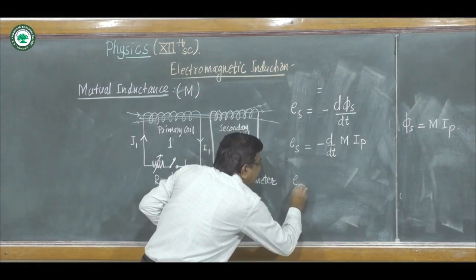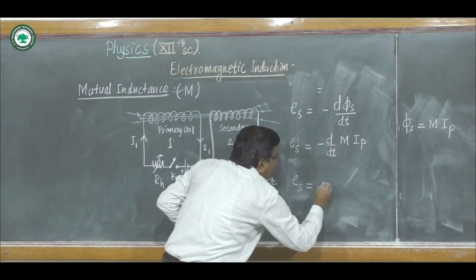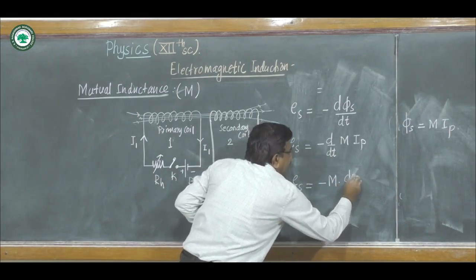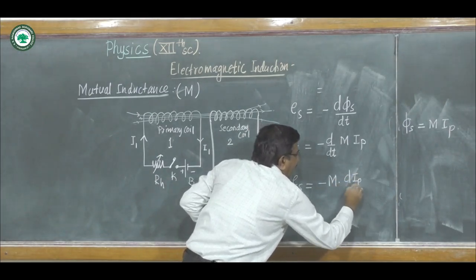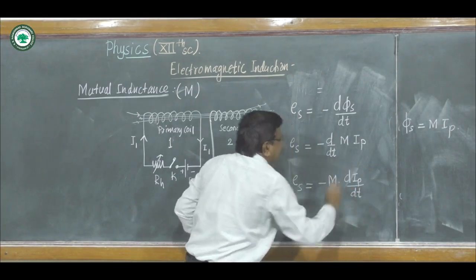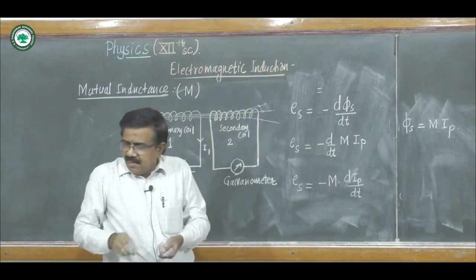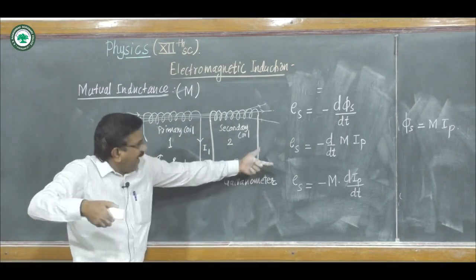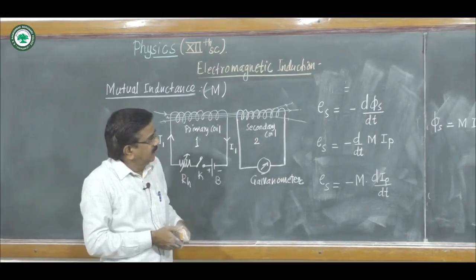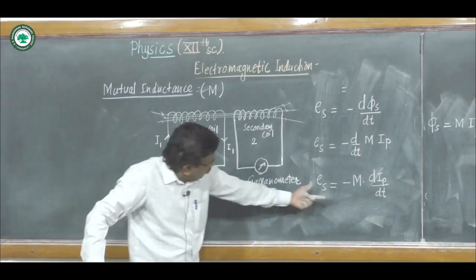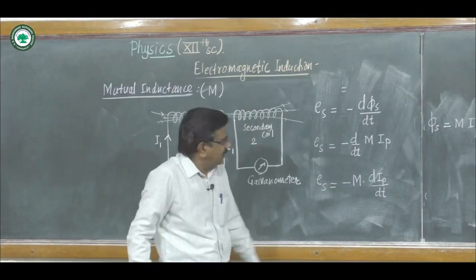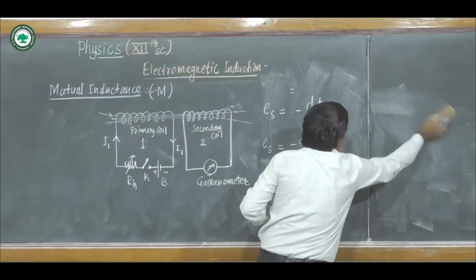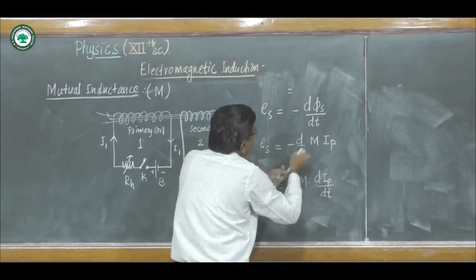This M is constant, so minus M dIP upon dt. ES is minus M dIP upon dt. By considering the magnitude alone, we ignore this negative sign.